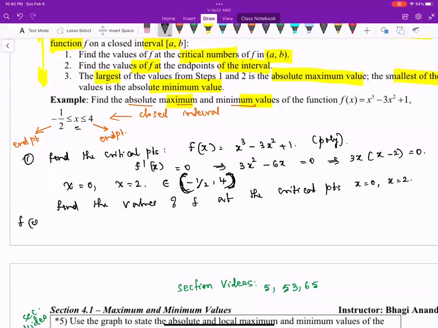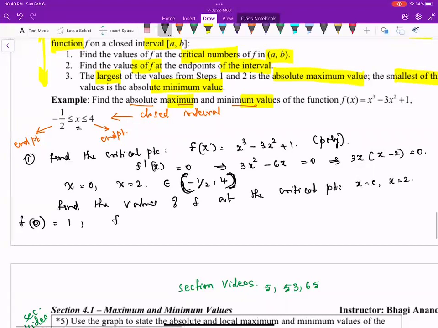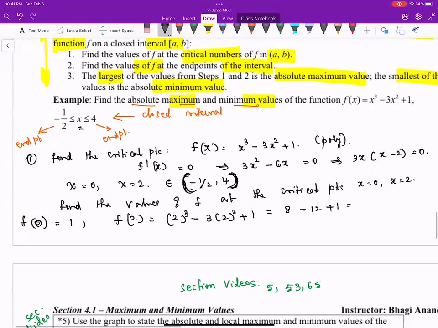So f(0), substituting x = 0, is 1. For f(2), substitute 2 in place of x. That is 8 - 3 times 4, which is 8 - 12 + 1, which is -3. So we have f(0) = 1 and f(2) = -3.